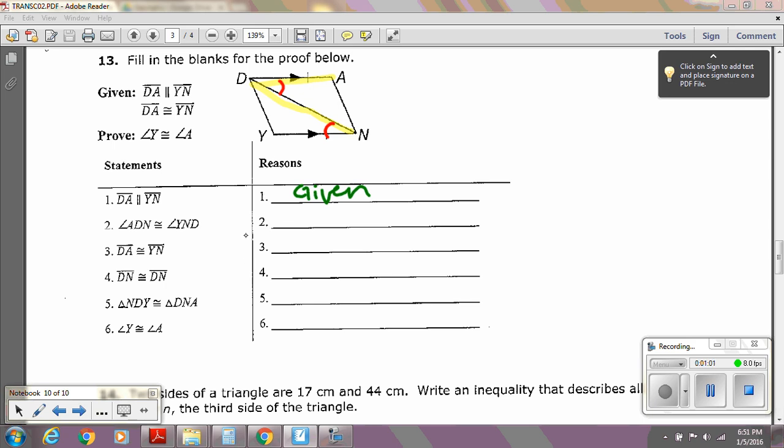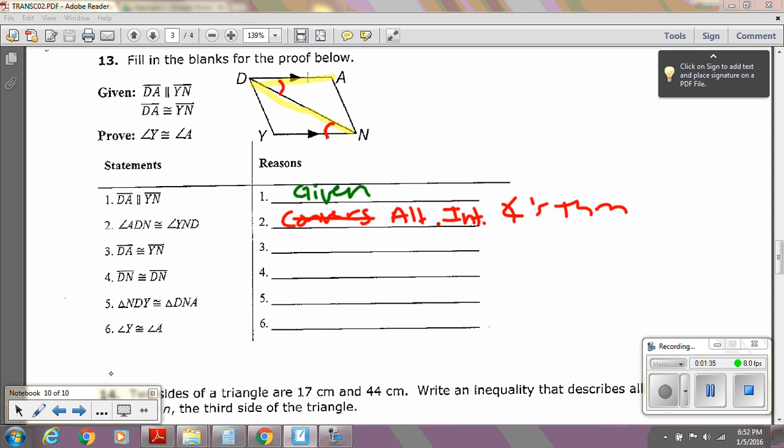The reason those two are congruent is because of the converse, the alternate interior angles there. Not the converse, but it's those two angles are alternate interior angles.